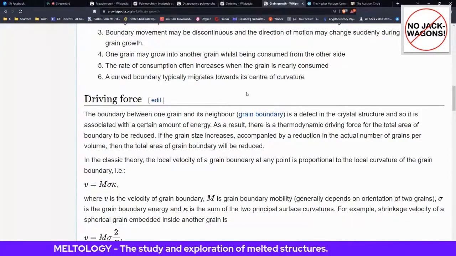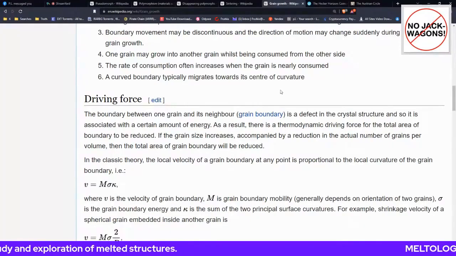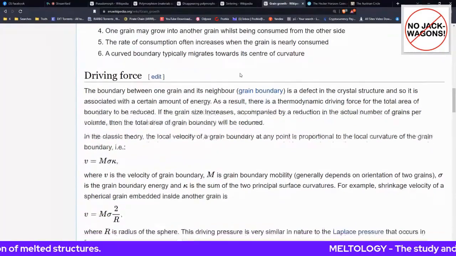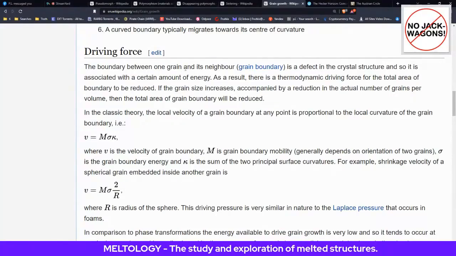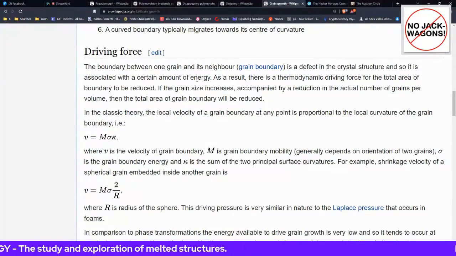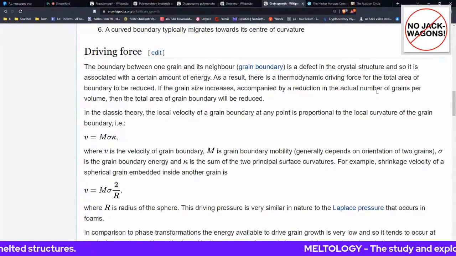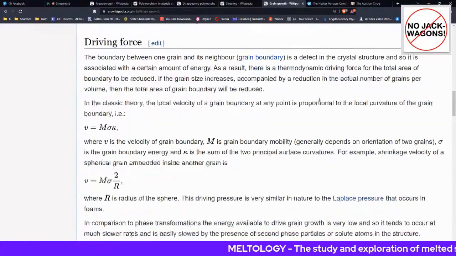Wow, this is good. And the driving force is how the crystal structure is affected by the energy and the heat, depending on the grain size and everything I've already covered.